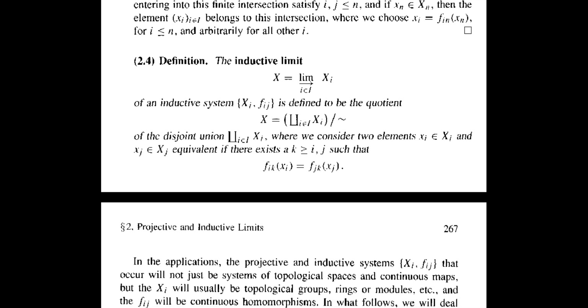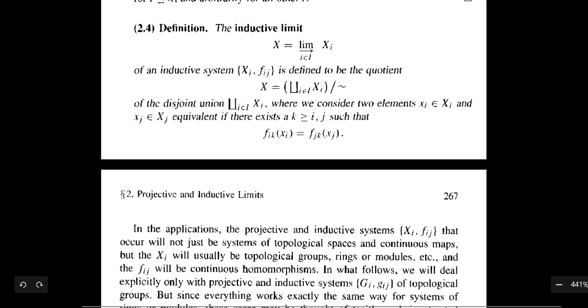The inductive limit, so now we are defining the inductive limit of an inductive system, is defined to be the quotient of the disjoint union. You have to know the disjoint union here is again a topological space, and how its topology is defined. And then you quotient by an equivalence relation.